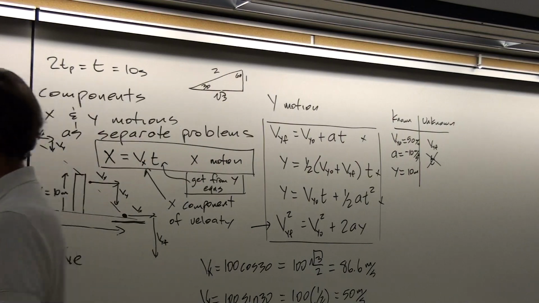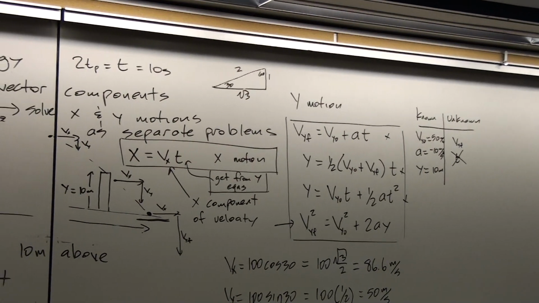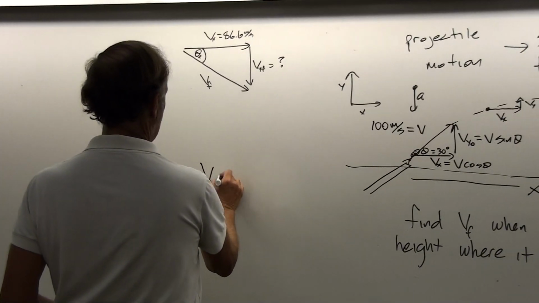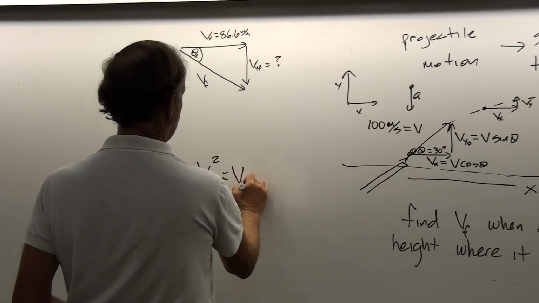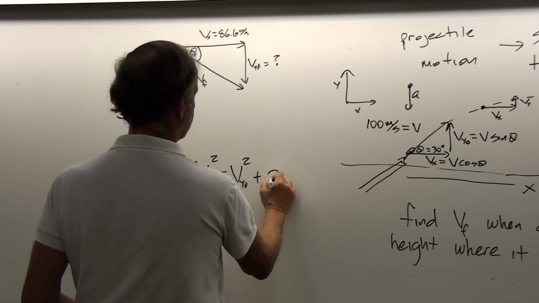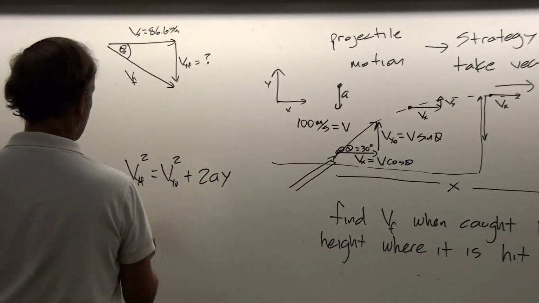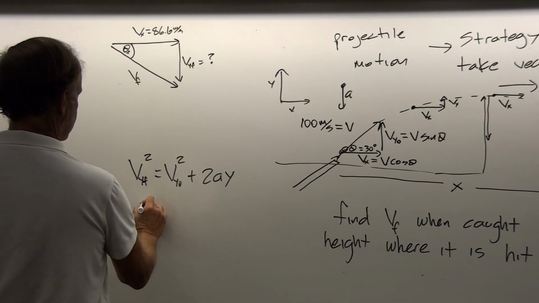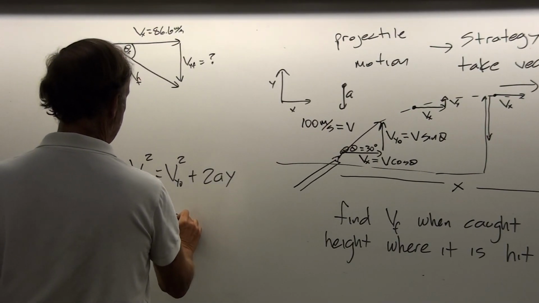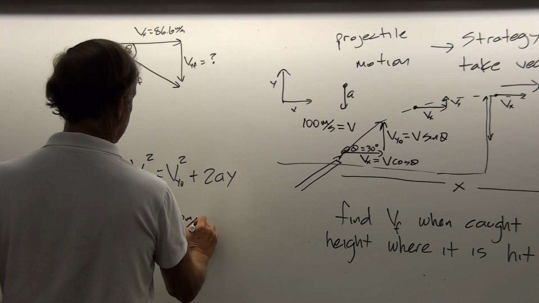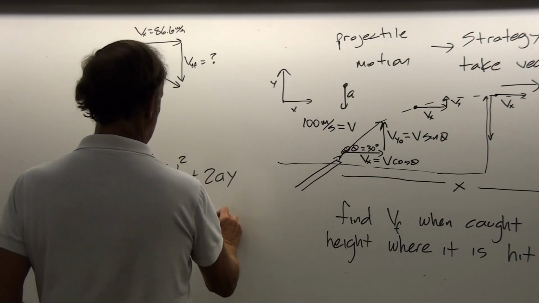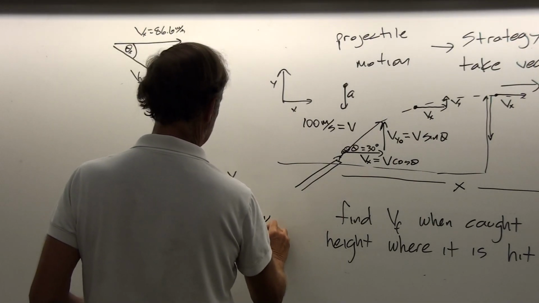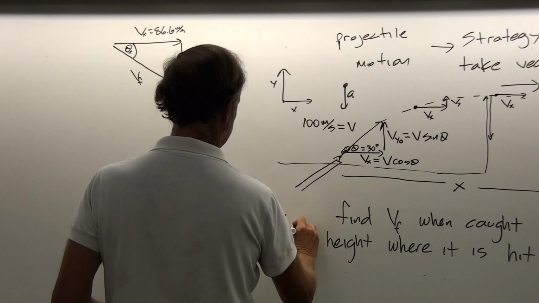So Vy final squared is equal to Vy initial squared plus 2ay. All right, so Vy final squared is going to equal 50 meters per second squared plus 2 times minus 10 meters per second squared times 10 meters.